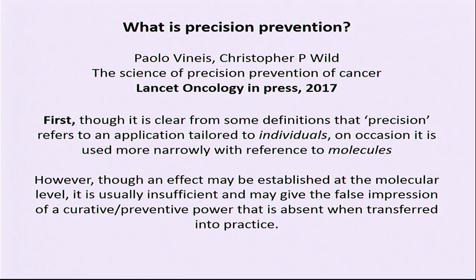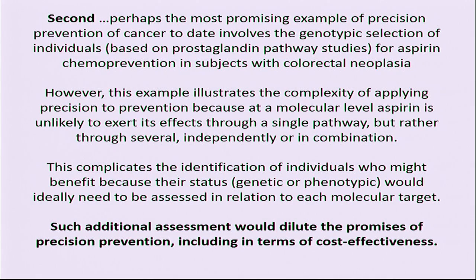We still need epidemiological, probably classical epidemiological approaches to show that what is true for molecules is also true for humans. Second, it is very likely that there are multiple pathways involved in a certain relationship between exposure and disease, but also treatment and disease.